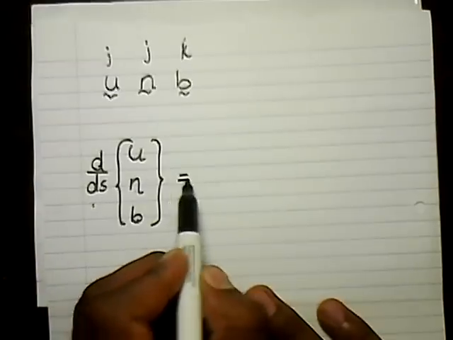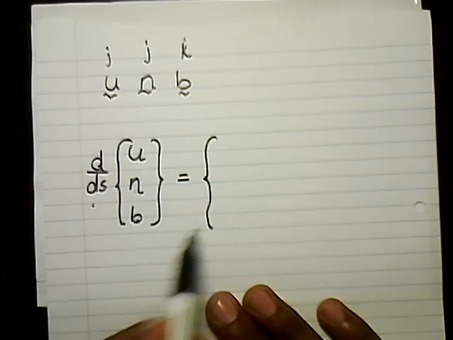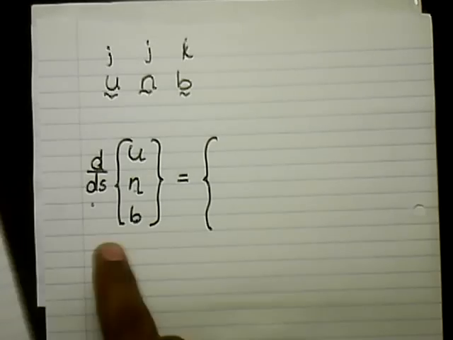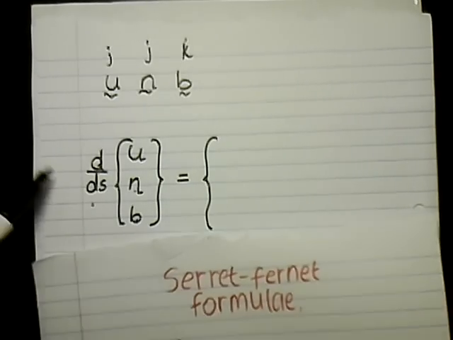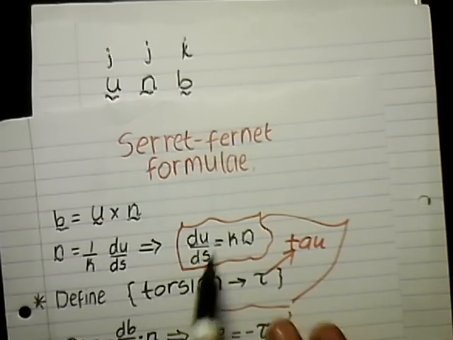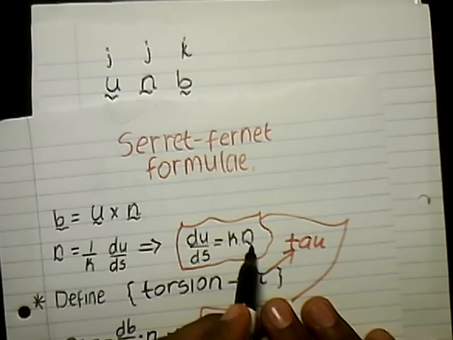And so we say that this is equal to this thing here. We're first going to work with du/ds. Looking here, we know that du/ds is kappa multiplied by n.